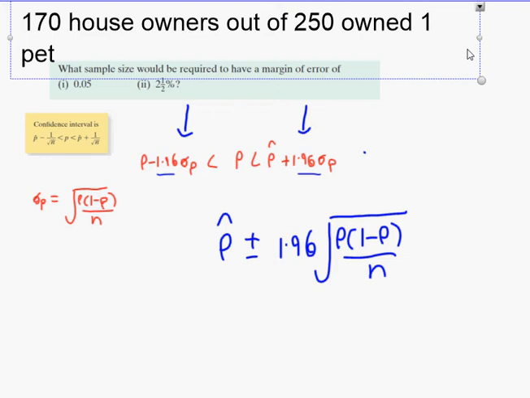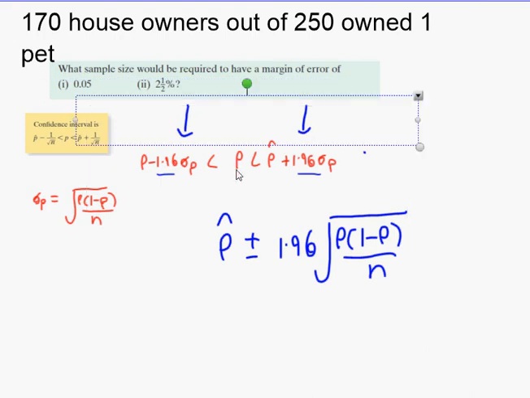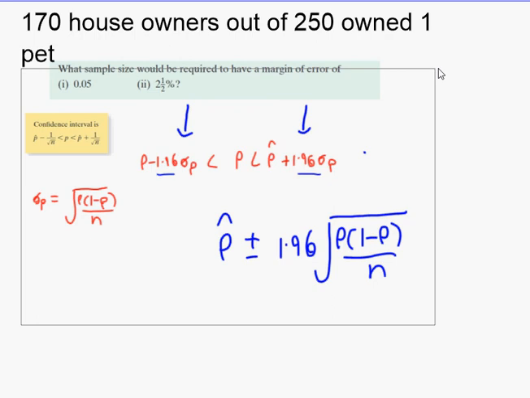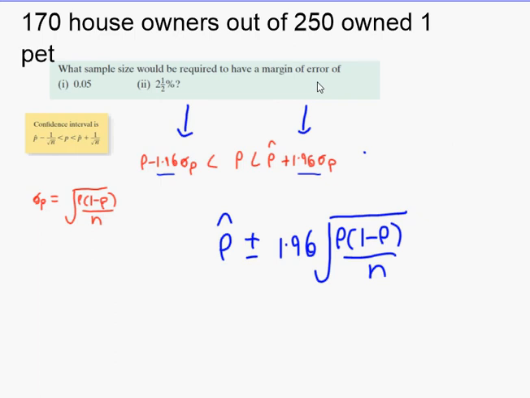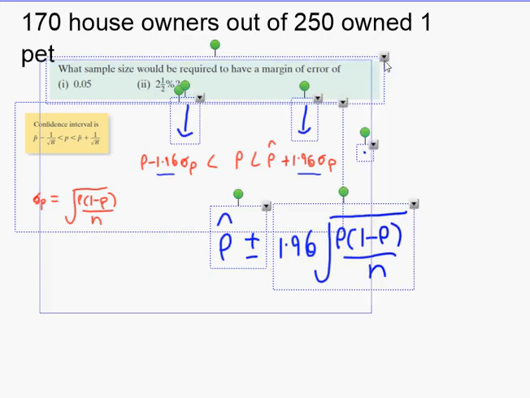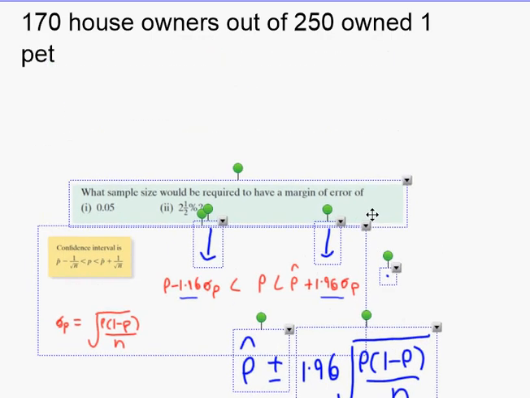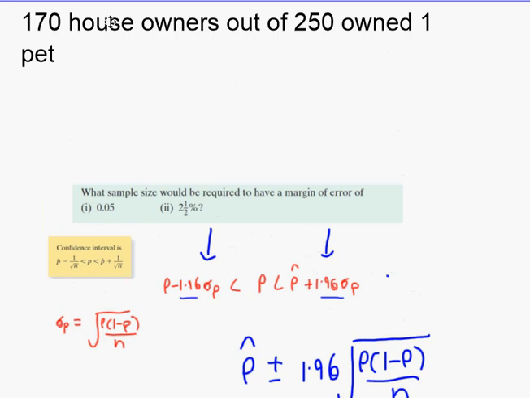First thing we can do is move all this down again. I'm in text option. So 170 house owners owned one pet.